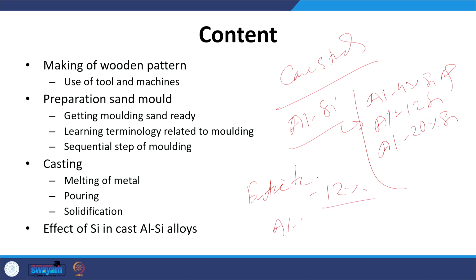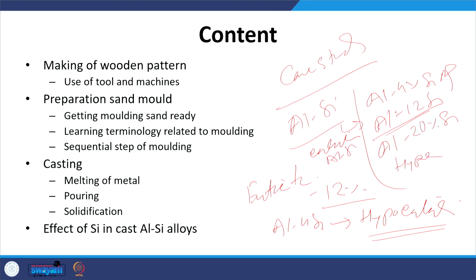So, aluminum 4% silicon falls under the hypoeutectic aluminum silicon alloy, while aluminum 12% silicon will be a eutectic alloy, and the last one, with 20% silicon, will be a hypereutectic aluminum silicon alloy.